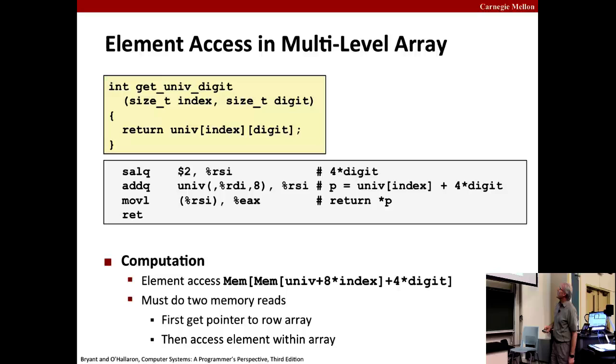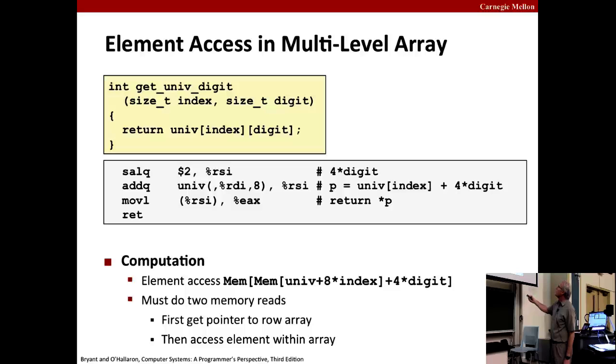So let's look at this second example, and there is code for this, and it's actually a little bit more complex because this is going through two levels of indirection. So you'll see that to get a particular digit from a particular one of these universities, it has to first do this dereference, to get a pointer to the beginning of the array.